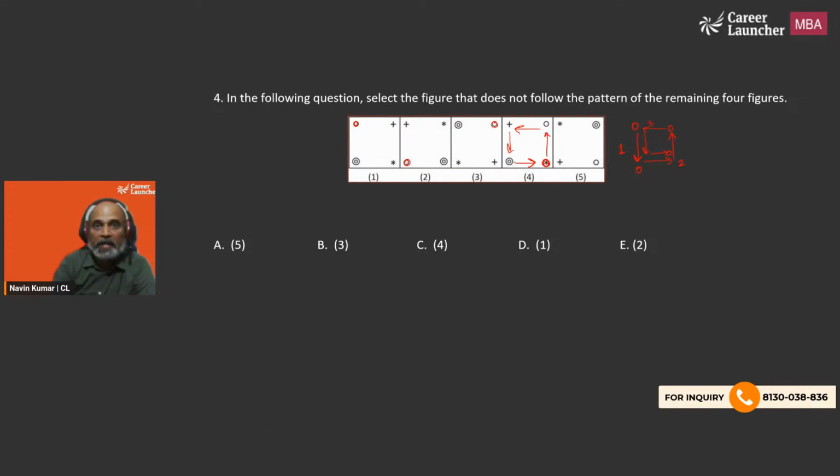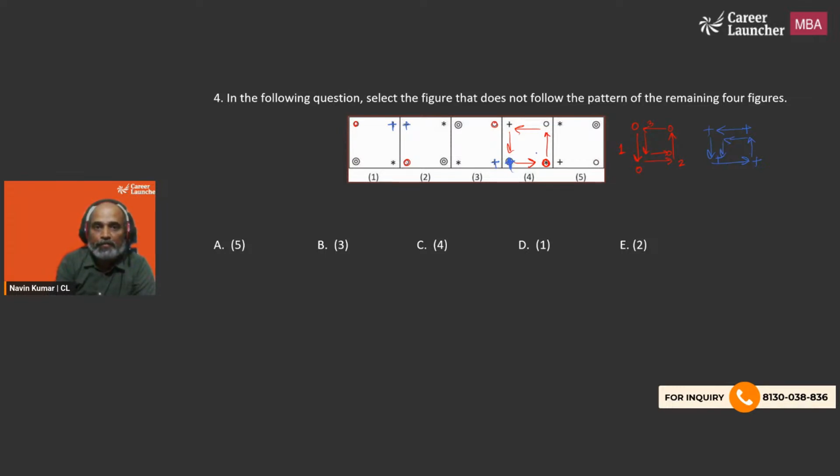Let's follow this pattern for plus. Plus was here, then it moves to the top left corner. So it moves 1. Then it is supposed to move 2. It should stay there at the bottom right corner. It is. Then it should move 3. 1, 2, 3. The plus should be seen here now.